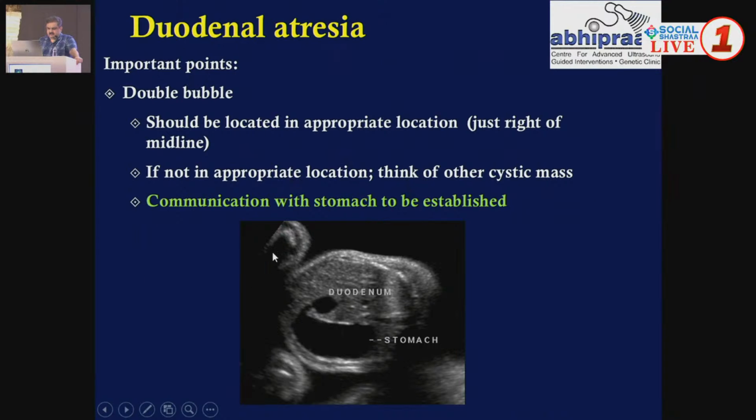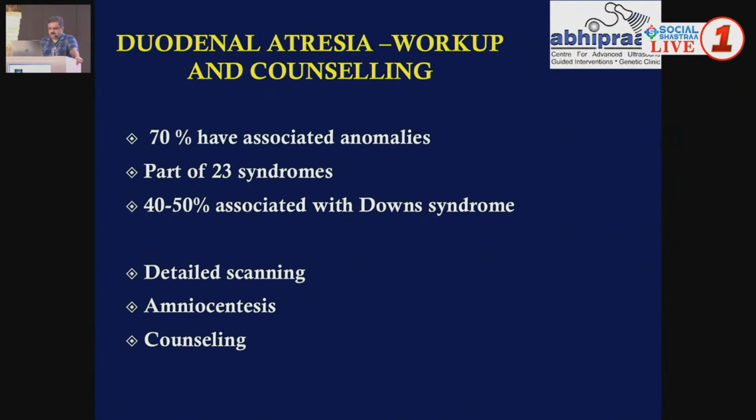But the characteristic hallmark is that the dilated duodenum has to communicate with the stomach through the pylorus. It has to be located in an appropriate location just right across the midline. If you do not find a communication, you have to think of other differentials like a choledochal cyst. So the communication with the stomach getting established is a must to say that this is a duodenal atresia.